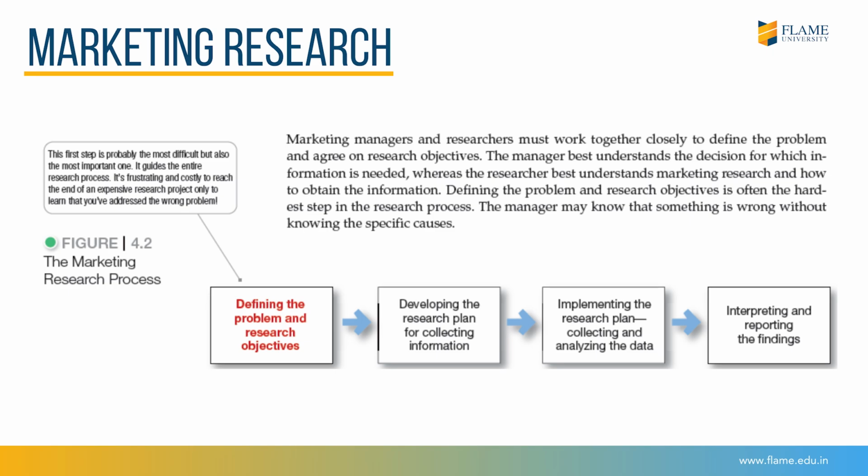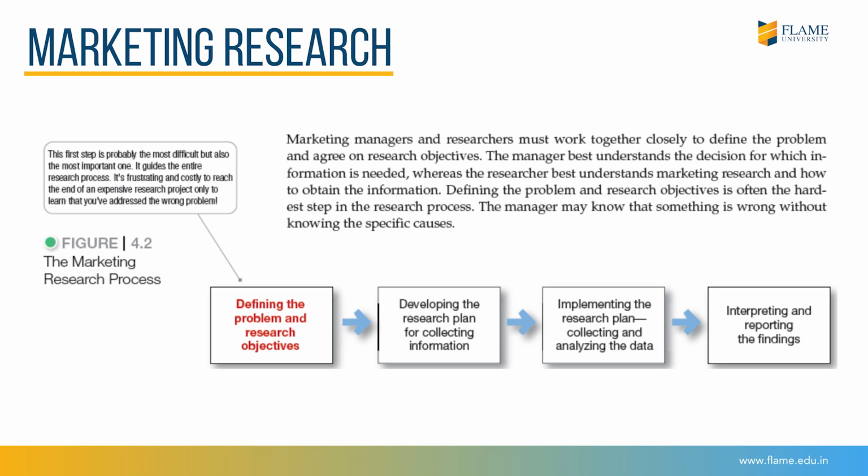Think about it for a moment. A possible approach could be: is it due to increased competition in the marketplace? Are my customers dissatisfied with the taste, dissatisfied with the pricing, or have their dietary preferences changed? By asking the right set of questions, you can clearly set the right research objectives.